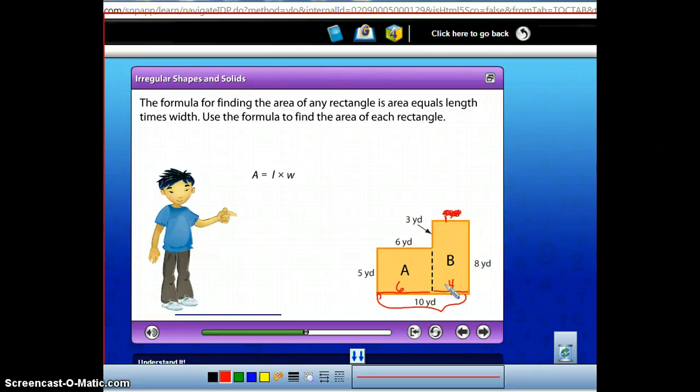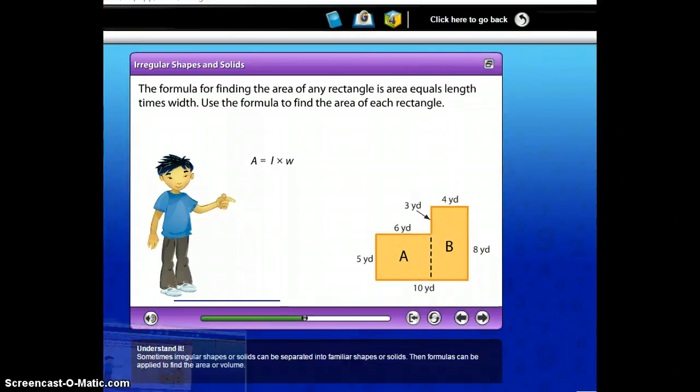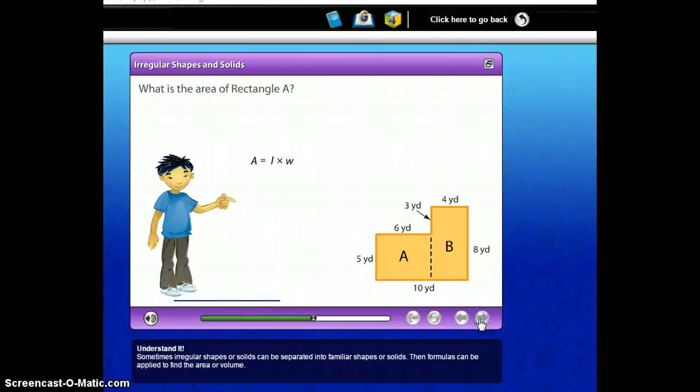If this whole thing is 10 and this is 6, then this must be 4 because 6 plus 4 is 10. You may have to do a little bit of work there for some of them.